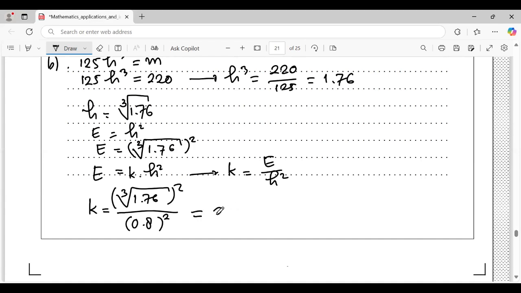The result on my calculator is 2.277770, so rounded it becomes 2.28 to three significant figures. This is the value of k.